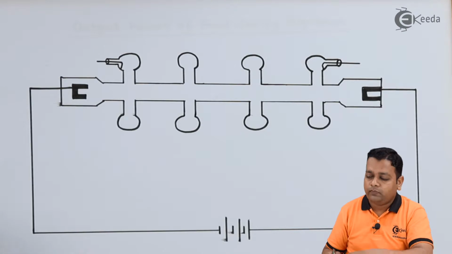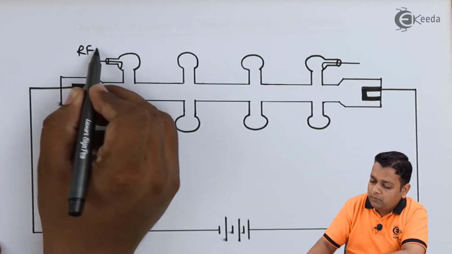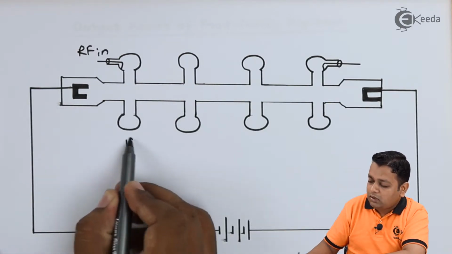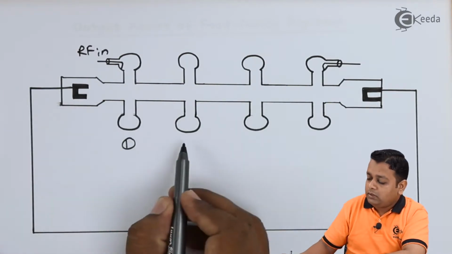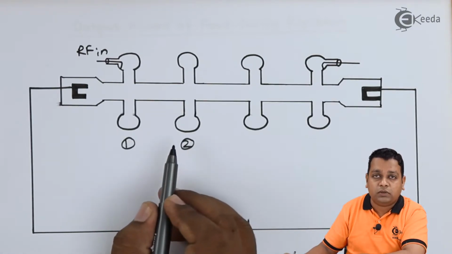In this diagram, the first one, which is provided with the RF input, will be the buncher cavity, and I mark it as number 1. The second cavity will also contribute in velocity modulation by the bunching.